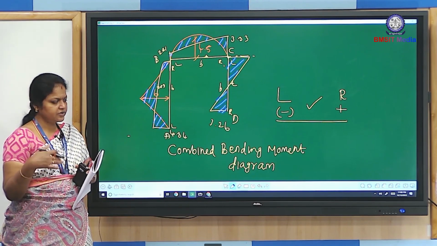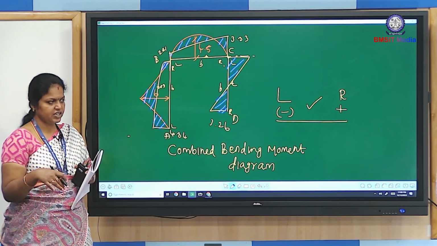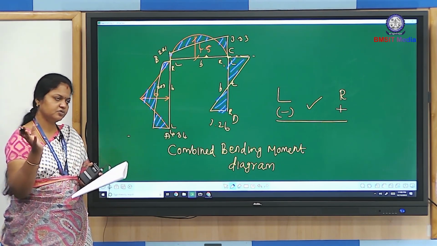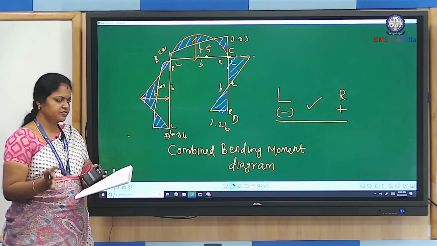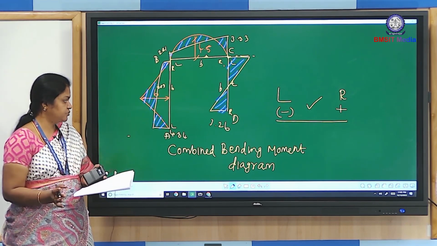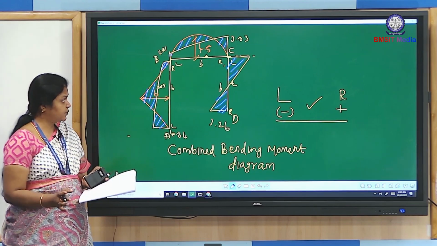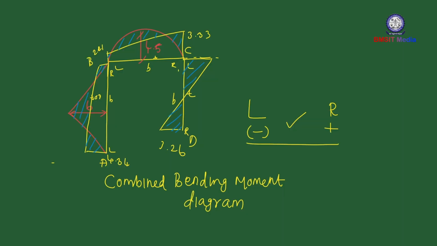After finding the unknowns, substitute them into the slope deflection equations and find the final end moments. Then find the simply supported bending moment and draw the combined bending moment diagram.